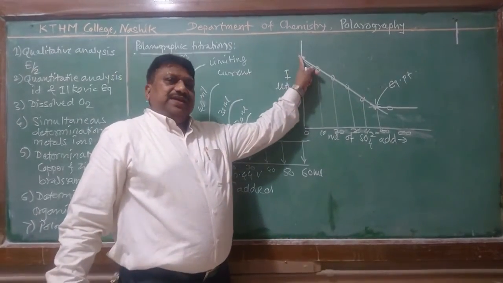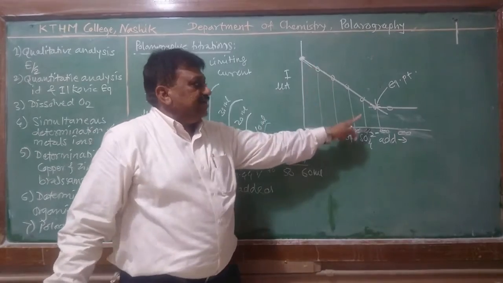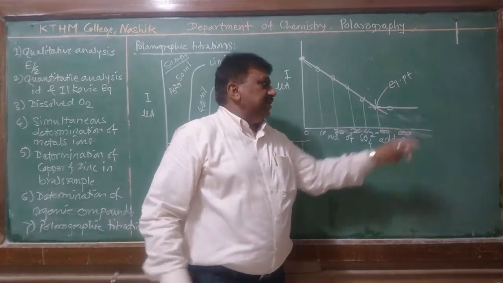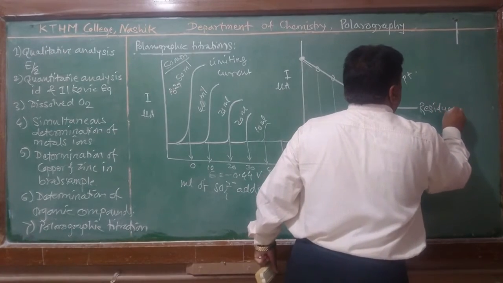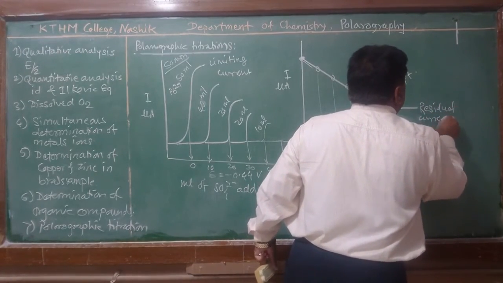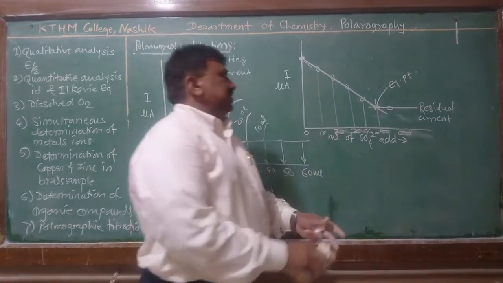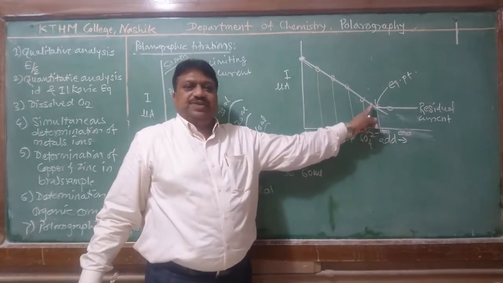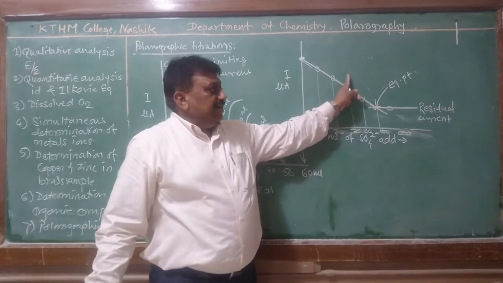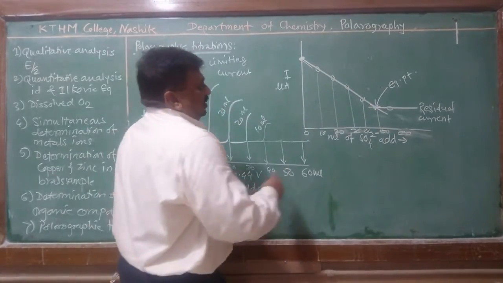Therefore, in polarographic titration, when the limiting current reaches the residual current, that is the equivalence point. And in this case, as the concentration of the electroactive species decreases, the diffusion current decreases. And this is an example.